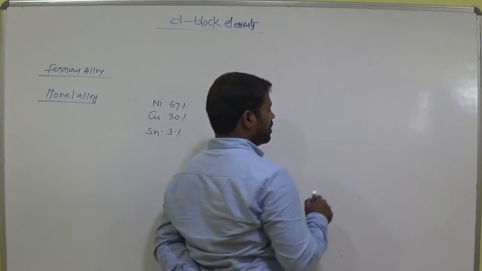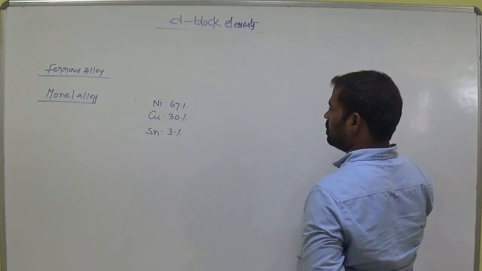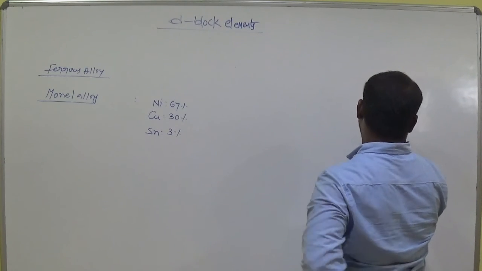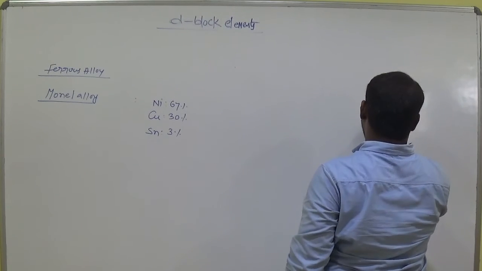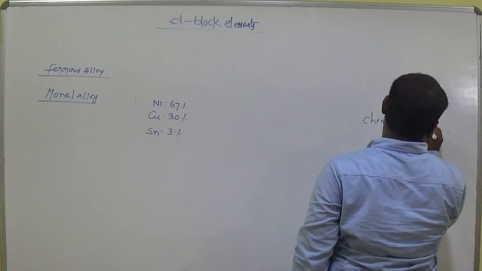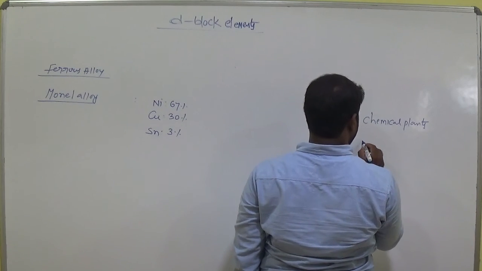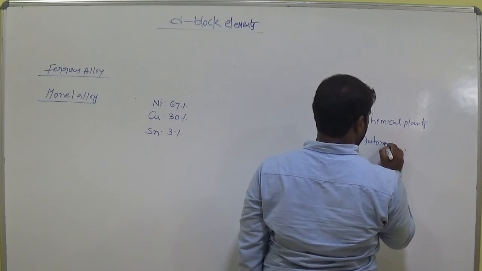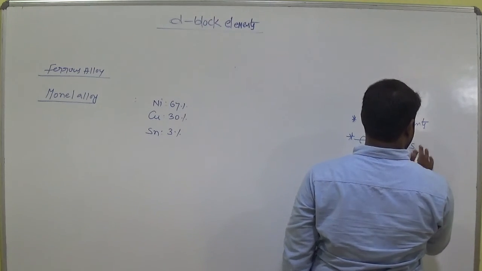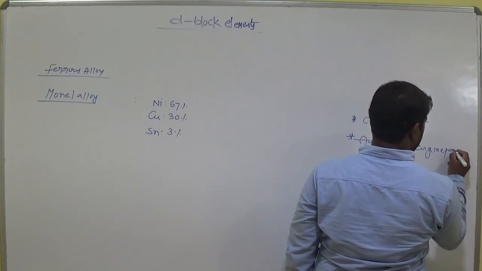Monel alloy. The use of this one is chemical plants and automobile engine parts we can prepare.